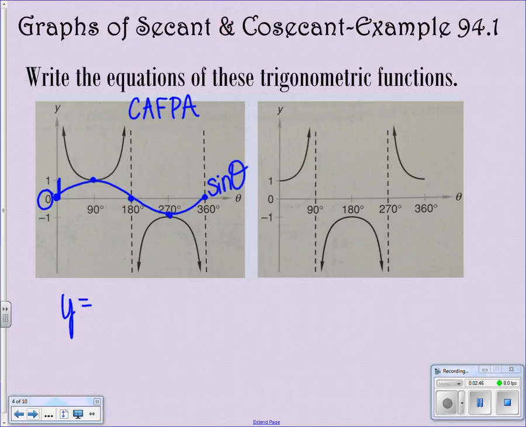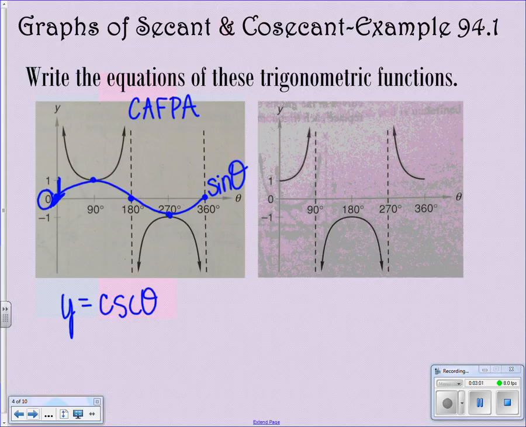The amplitude here, we go up 1, so we have a 1, which on our amplitude, we don't have to write that 1. And then it's sine. So what is the reciprocal of sine? Cosecant of theta. Then we are going through the origin, so we don't have an angle change. And our period, going from here over to here, is 360, so we don't have a period change. And so this graph is y equals cosecant of theta.